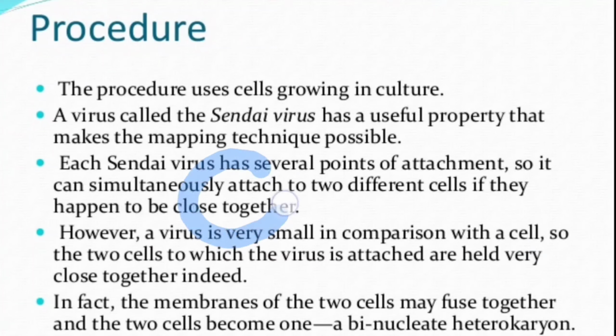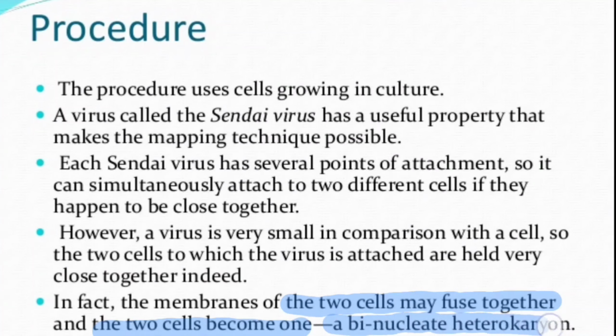Ultimately, the membranes of the two cells may fuse together and the two cells become one. We will be calling the new cell a binucleated heterokaryon.